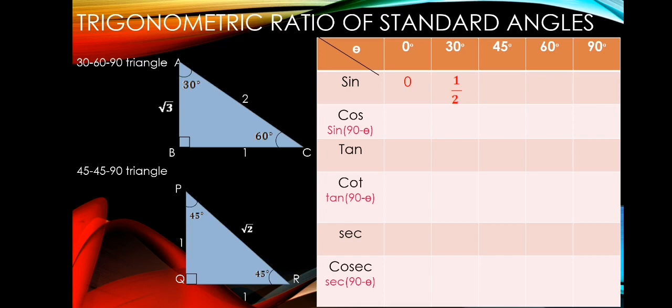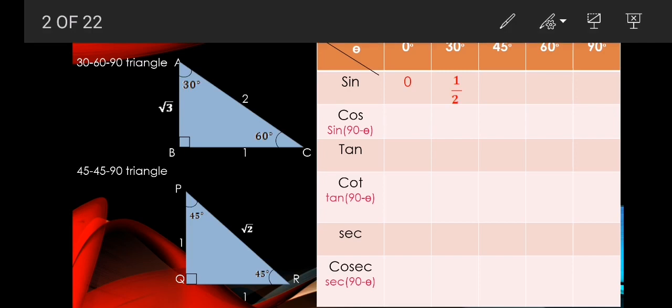Now let's go to next theta, that is 30 degree. According to the figure and sine angle formula, we get sine 30 will be the side opposite to theta, that is 1, upon hypotenuse, that is 2.